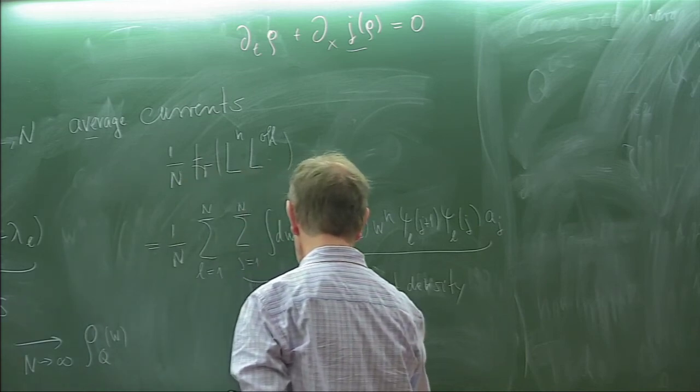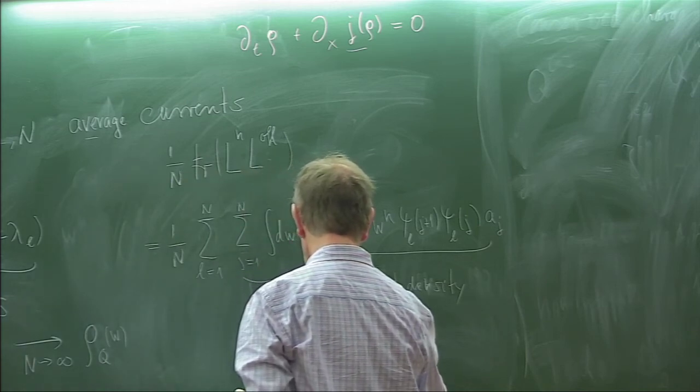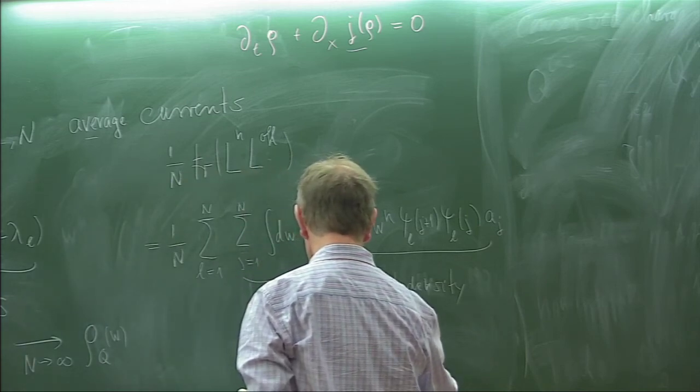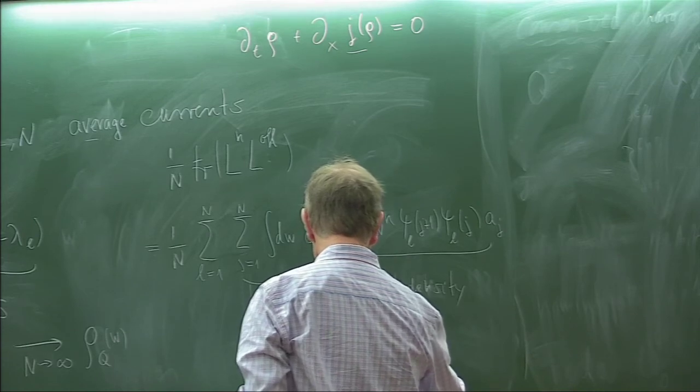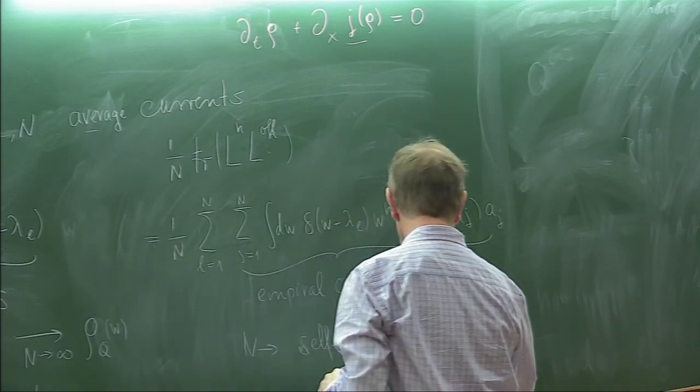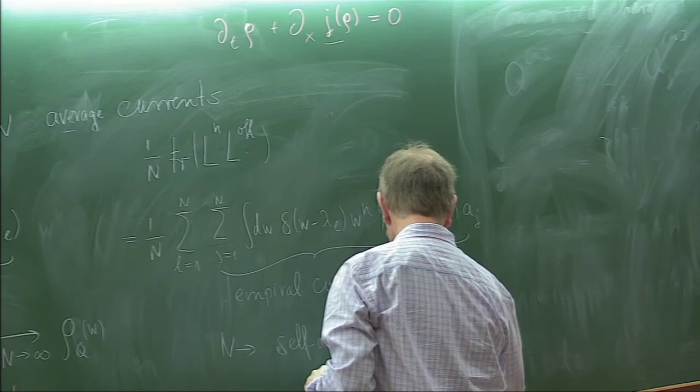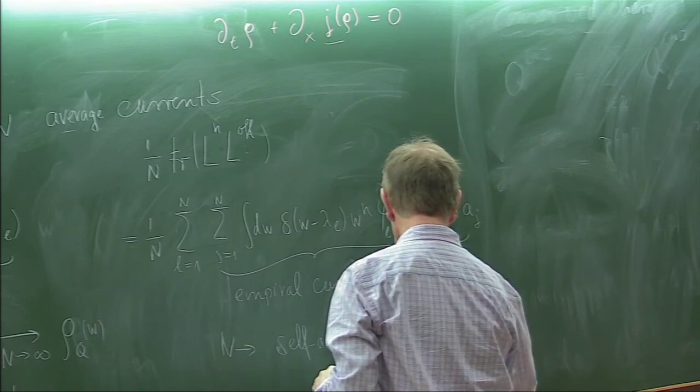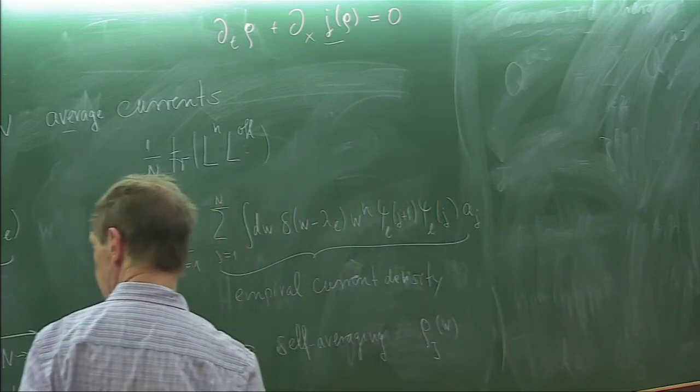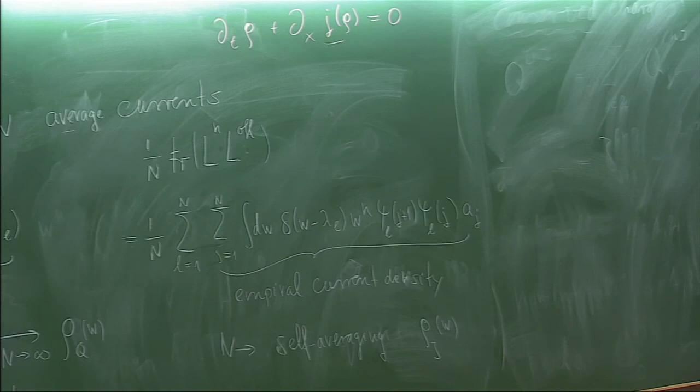So it's self-averaging, and there will be an almost sure limit. And this is something which I call rho sub j of W. So it's the same formula as over here. If I want to compute the nth moment of the current, it will be just given by the nth moment of this particular density.